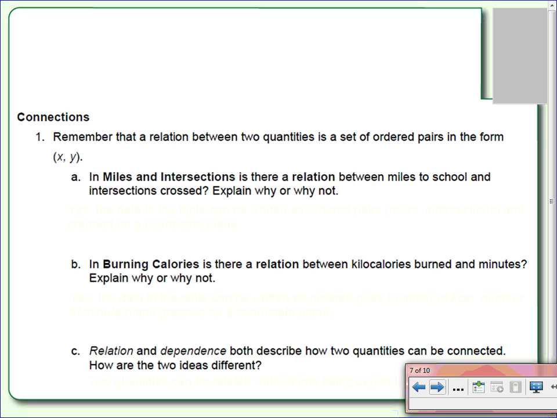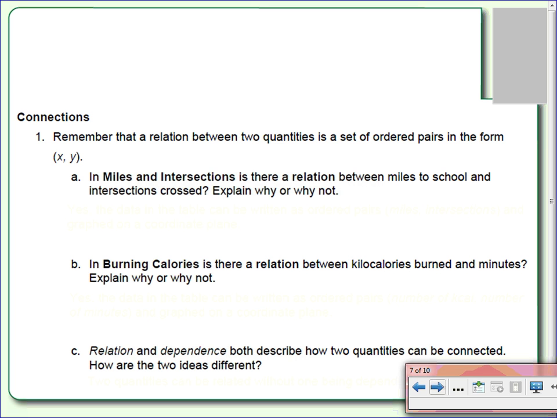Remember that a relation between two quantities is a set of ordered pairs. A relation is a set of ordered pairs. Get that in your head. Now that you know that, part A says, in miles and intersections, is there a relation? Listen to my question.